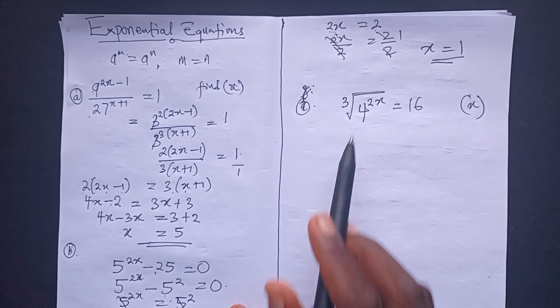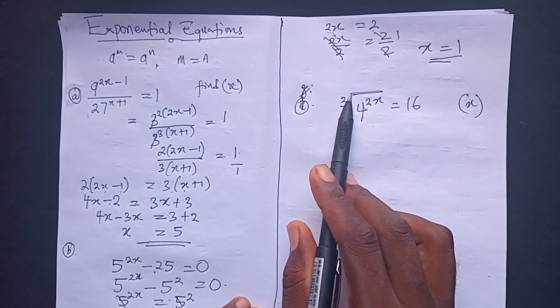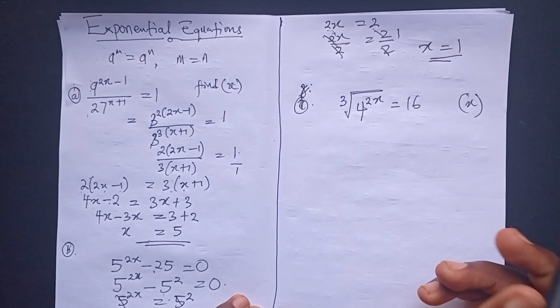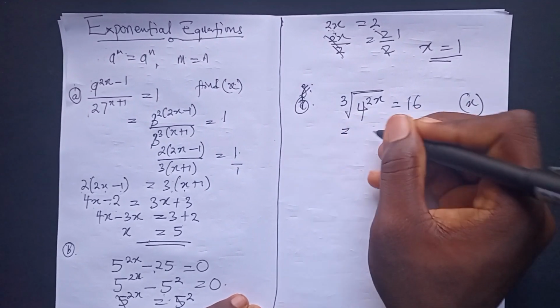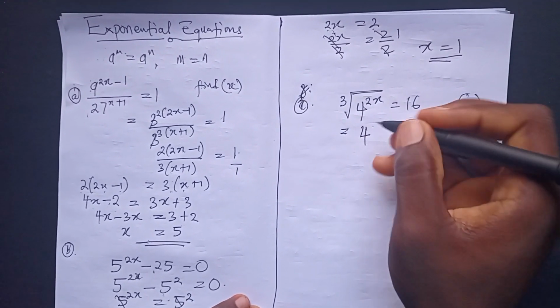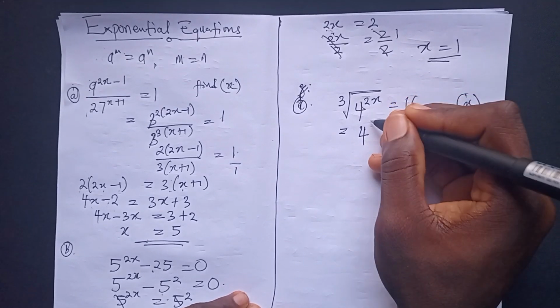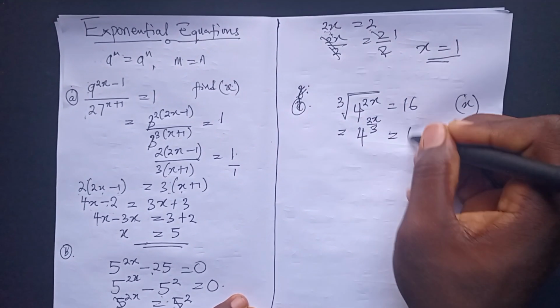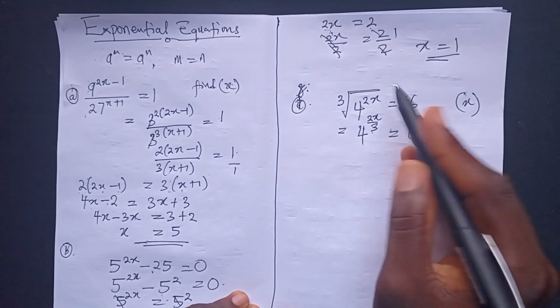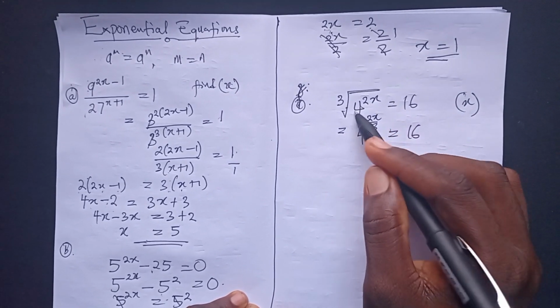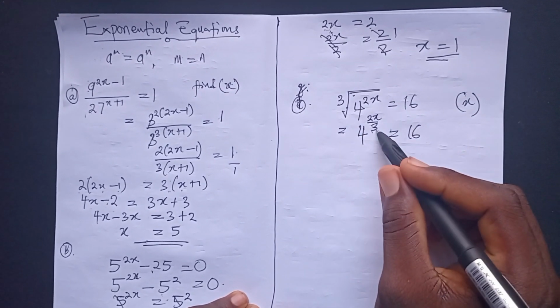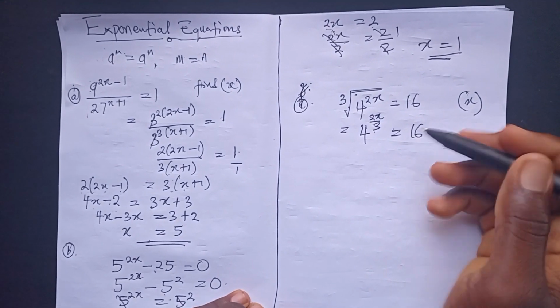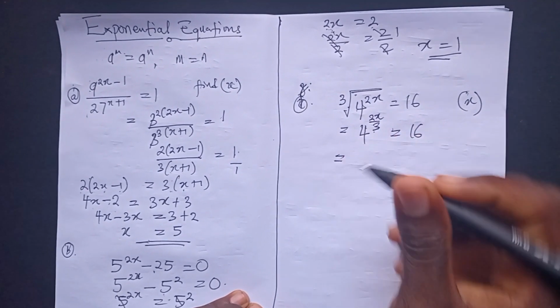Now to solve this, remember from the fractional law of indices, this is equal to 4 raised to power 2x over 3 equals to 16. If you turn it the other way, you arrive at this using the fractional law of indices.